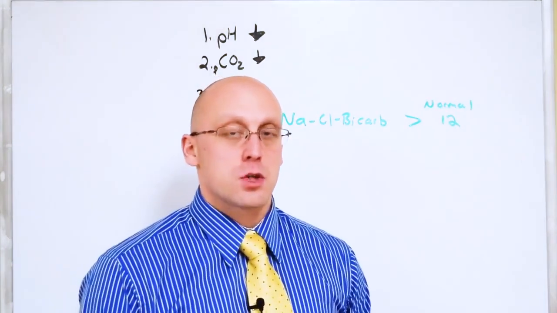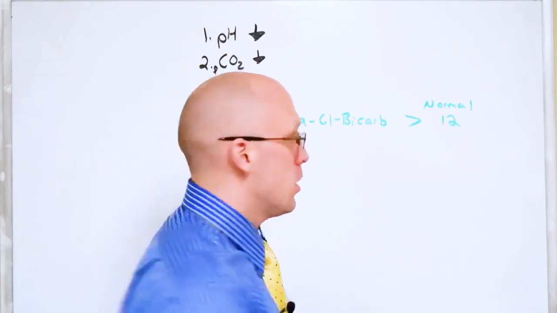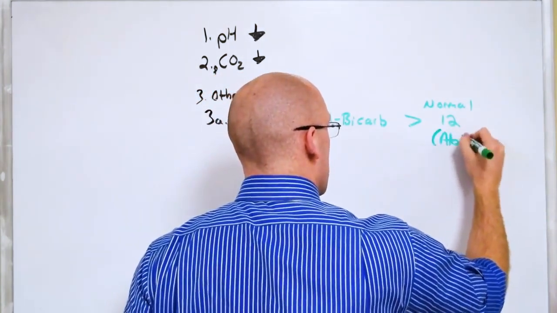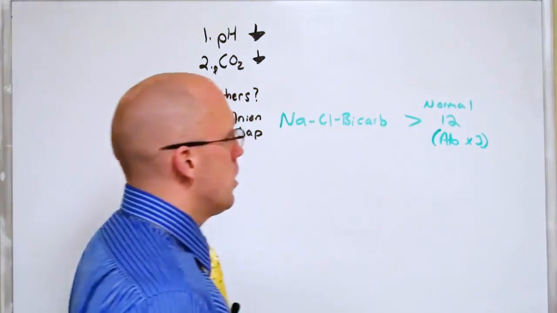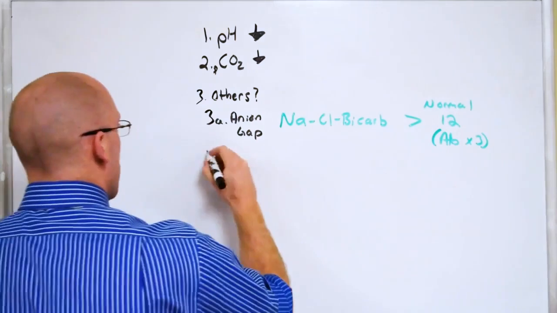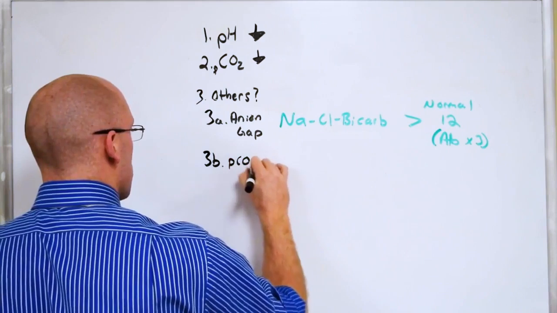In life, 12 is an approximation of normal based on the albumin. What you should take away is that an albumin times 3 is a normal anion gap. Now, regardless of whether you have an anion gap or not, you're going to decide, is the PCO2 appropriate?